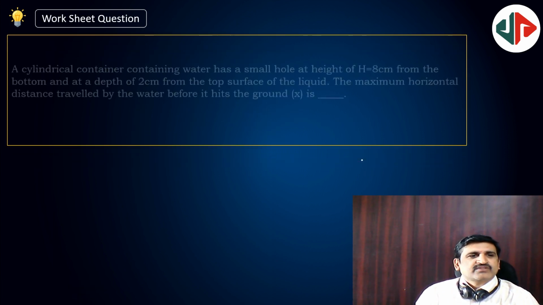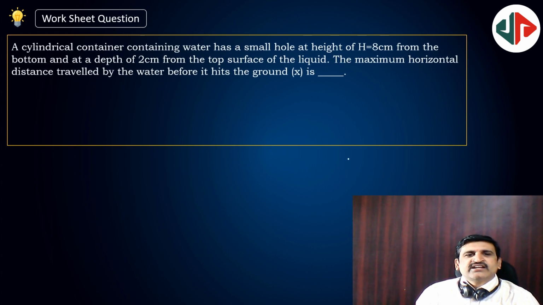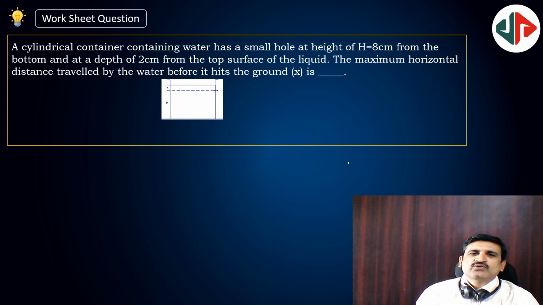Next. A cylindrical container containing water has a small hole at a height of 8 cm from the bottom and at a depth of 2 cm from the top of the surface of the liquid.